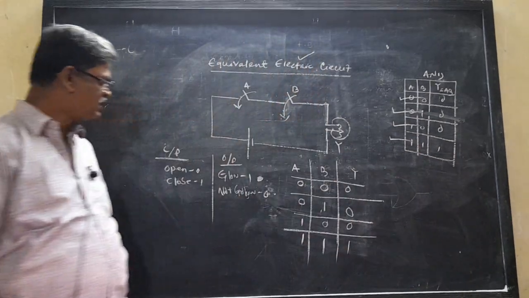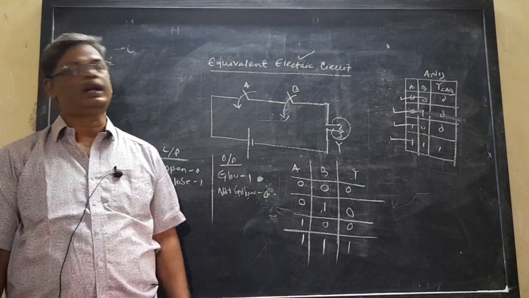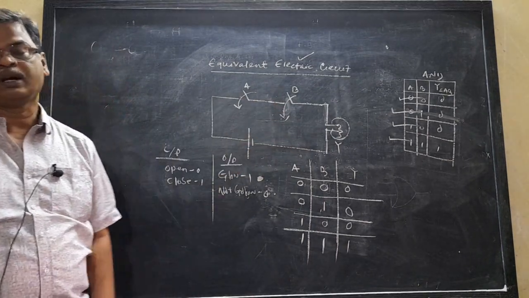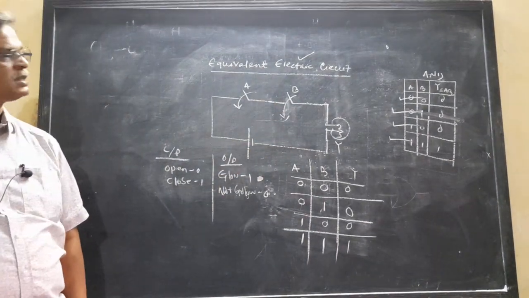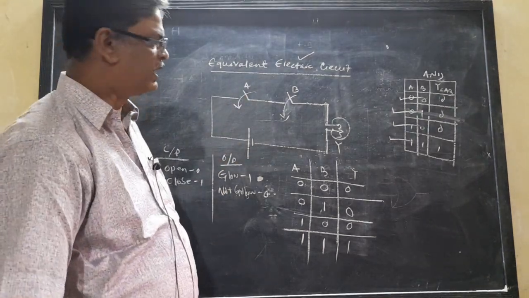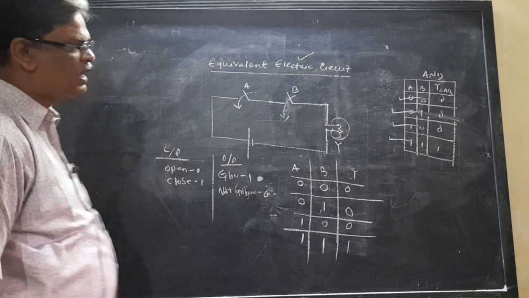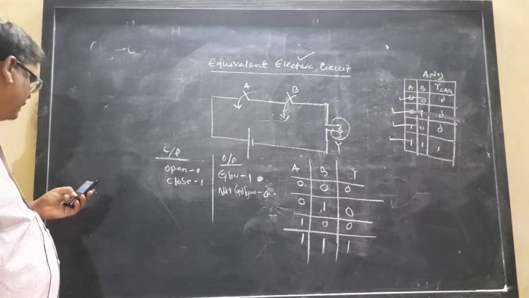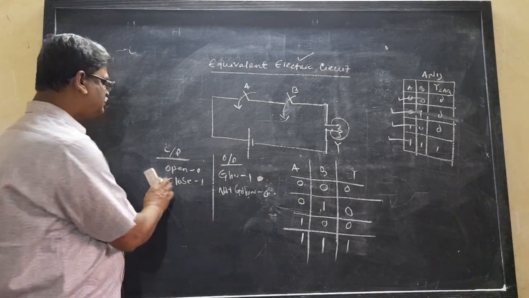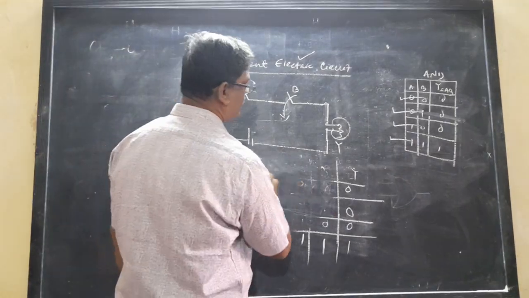So this circuit is equivalent to the AND gate. We use the switches here; this is an electrical circuit, the equivalent electric circuit of the AND gate. Clear? Similarly, you can put 3 switches in series. Clear? The next one.